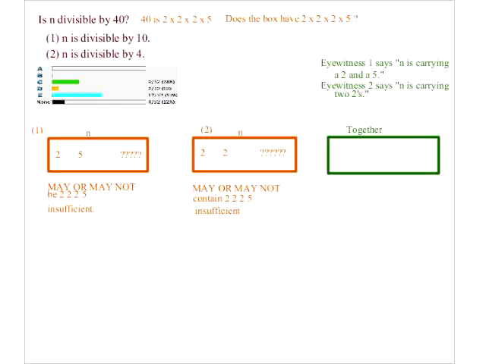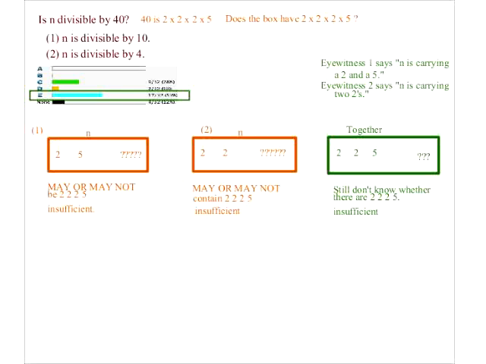So we know that there are just 2 2s. And then the 5 is there because one of the eyewitnesses saw that too. But that's it. So we still don't know. That's still insufficient, so this has got to be E. Does that make sense? Smiley face if that makes sense.